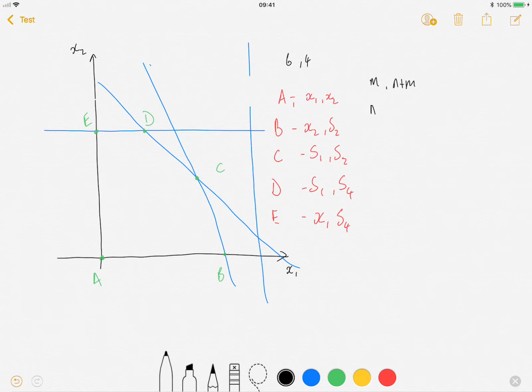Now, calculating all the basic feasible solutions becomes very tedious, and we can address this with the simplex method. We will get onto that in the next session.